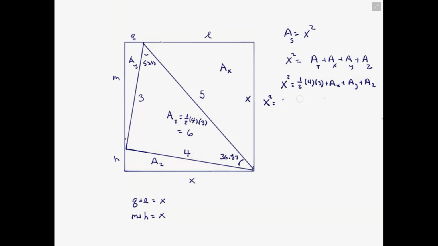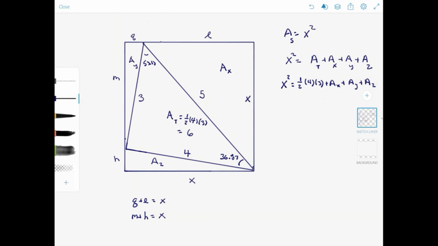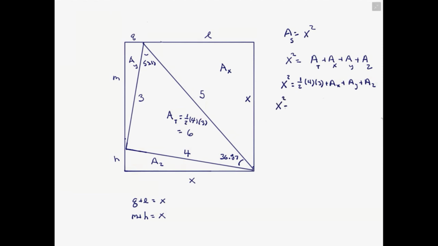You get the idea of what I'm doing here. We've got x squared equals 6 plus a sub x plus a sub y plus a sub z.